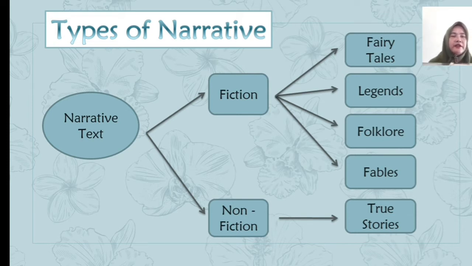And non-fiction is true stories. Jadi ada dua jenis teks naratif yang biasa kalian temui, yang berbentuk fiction, cerita yang tidak nyata. Sementara sebenarnya ada satu lagi, non-fiction, yaitu cerita nyata, kisah-kisah yang memang benar-benar terjadi.